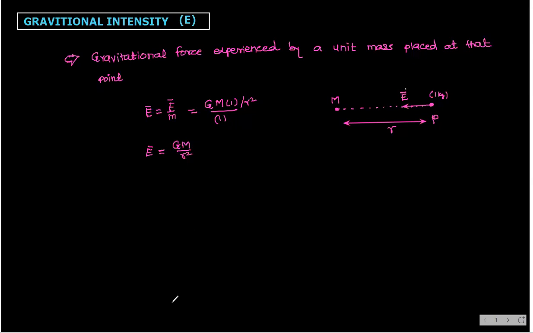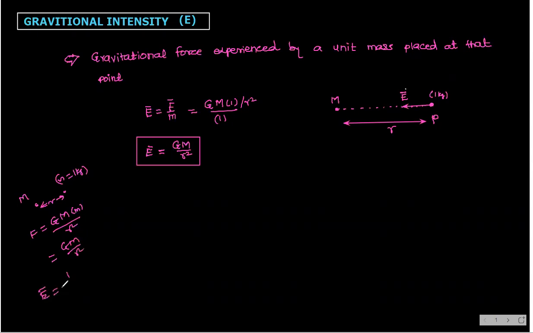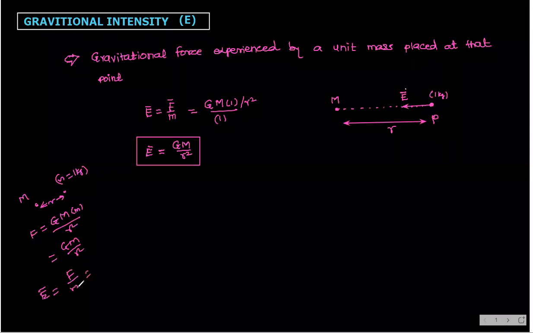Yes, sir. So first of all, you just keep the force formula. Suppose here is capital M, here is small m, the distance is R, but this small m is equal to 1 kg, unit mass I am taking. So force is G, capital M, small m divided by R square. But here small m is 1, that's why GM by R square. And now E bar is equal to F by small m, which is unit mass.